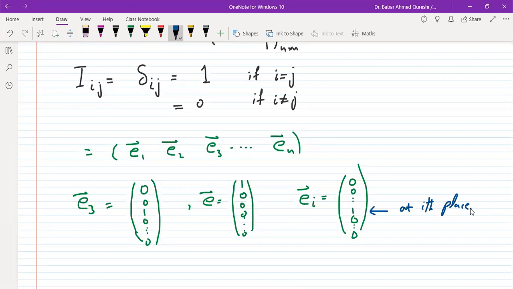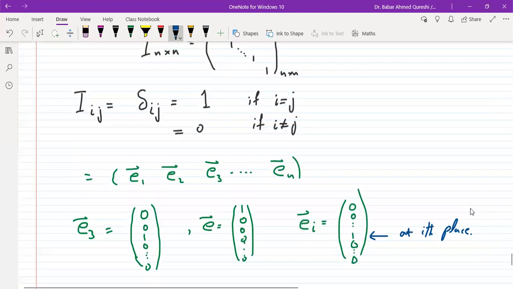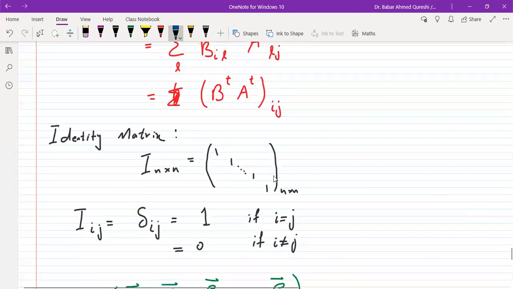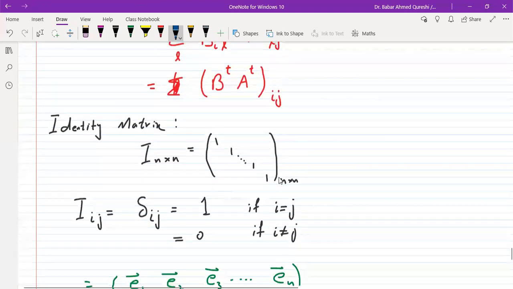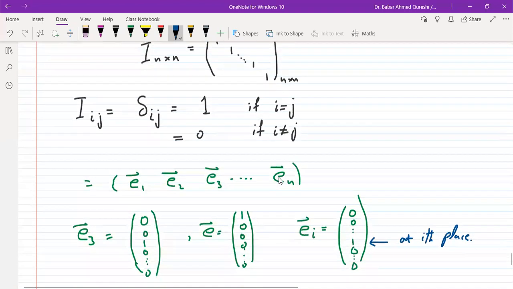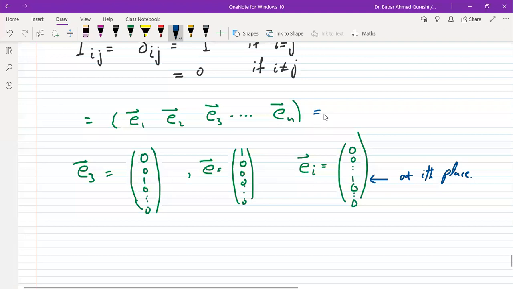You can think of the identity as composed of unit vectors in your n-dimensional space. And if you want, you can also write them as rows. Even then you get the unit row vectors.